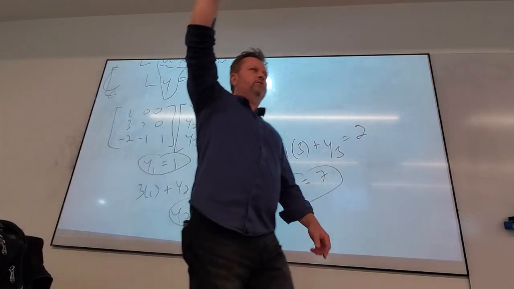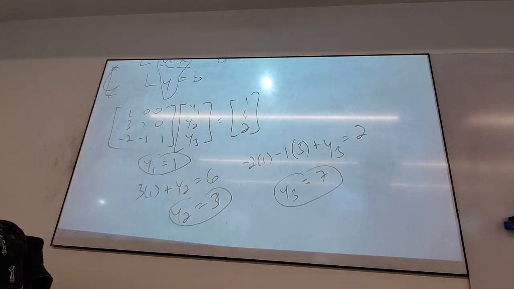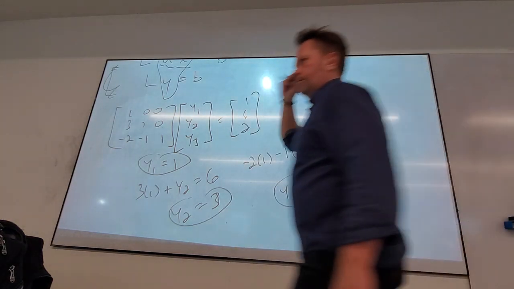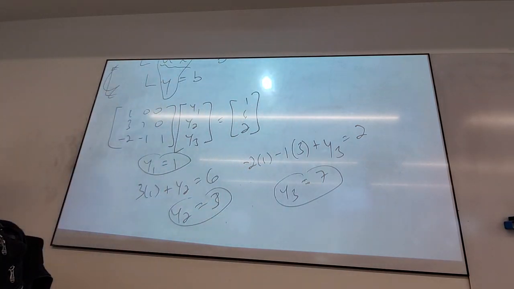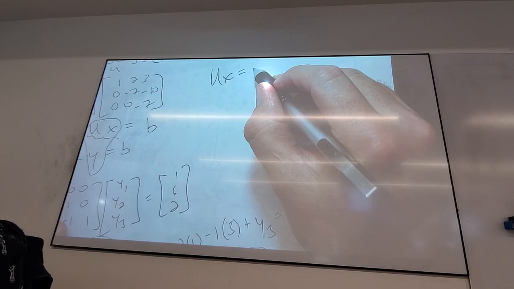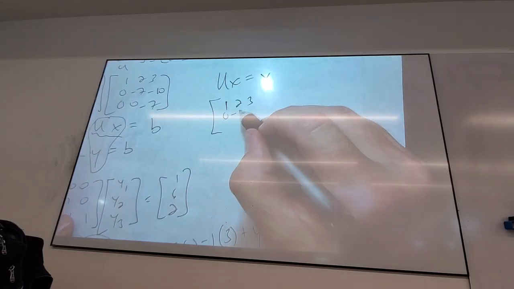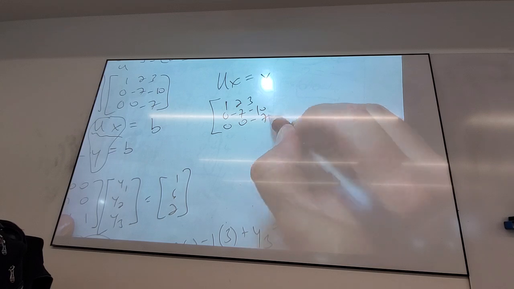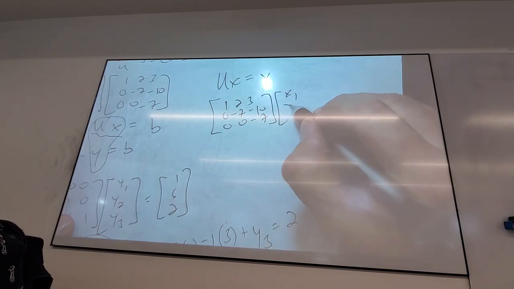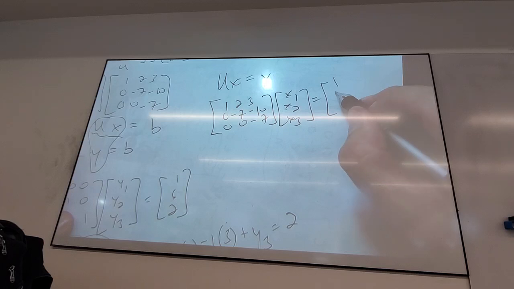What is Y equivalent to in the first parts of the problem? UX. So now I do exactly what I just did. U is 1, 2, 3, 0, -7, -10, 0, 0, -7, times x1, x2, x3 equals 1, 3, 7.